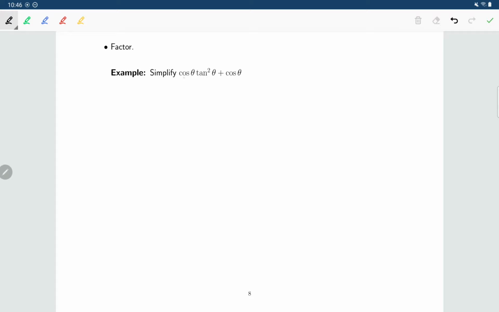But I'm going to go with the more obvious thing here, which is we have cosine theta as a common factor. So I might first just say, well, why don't I factor out cosine theta out of the two terms that we have and then see what's left over. And so when I factor cosine theta out, I'm left with tangent squared theta plus 1.